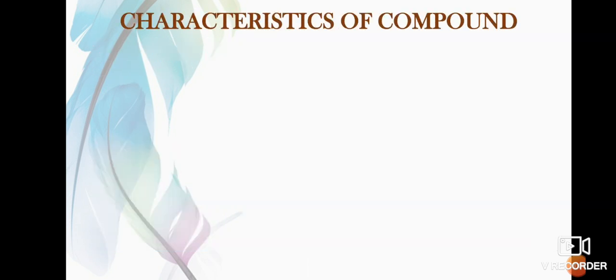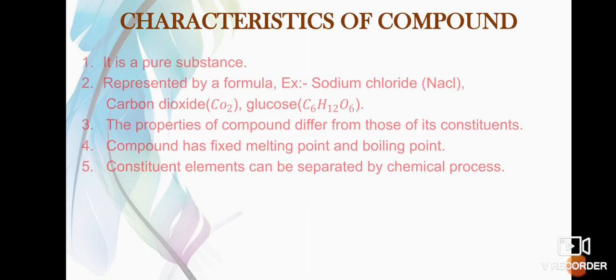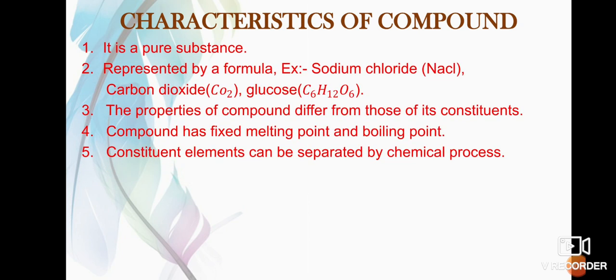Now characteristics of compound. See, it is a pure substance. So water is a pure substance. Salt is a pure substance. Like that, a compound which comes from two or more elements also forms a pure substance. So they are represented by a formula.